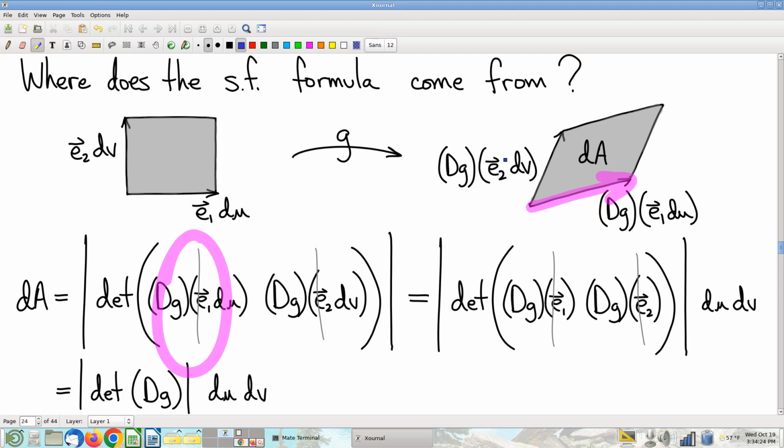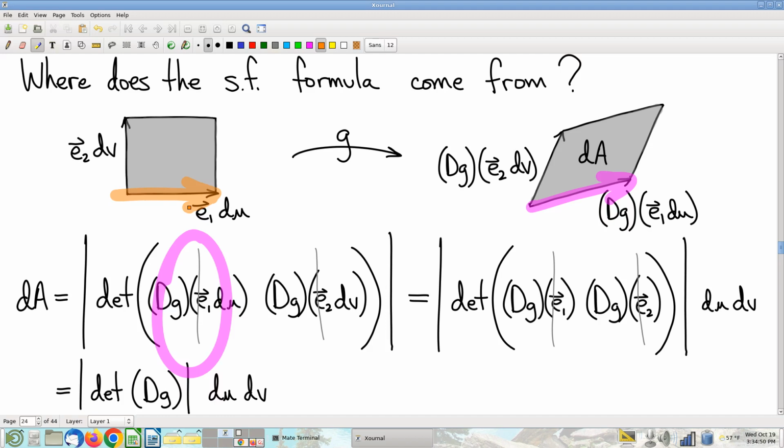Well, think of this vector not as part of a parallelogram, but as representing an output change in the value of the g function. g was here and then became there. Specifically, it's the amount that the g function changes as I move like this in the domain.